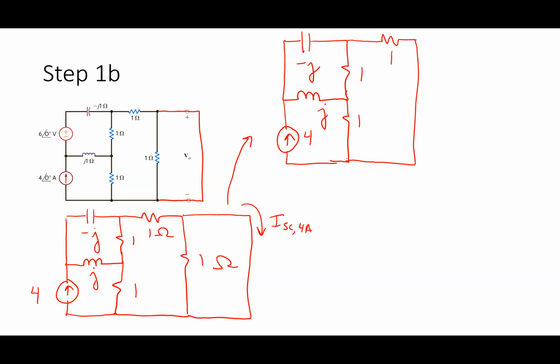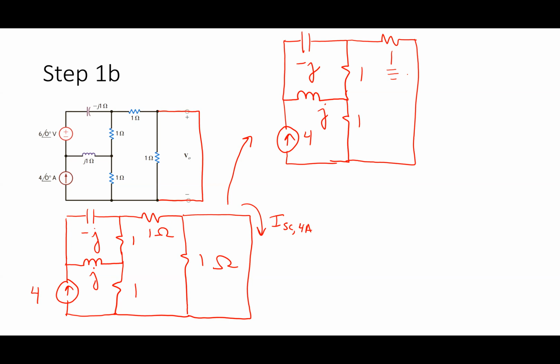Not really, right? If I look at this, the 1 ohm on the far right here, he's in parallel with stuff, right? What's he in parallel with? He's kind of in parallel with the other 2 1 ohms, kind of, but not really, right?